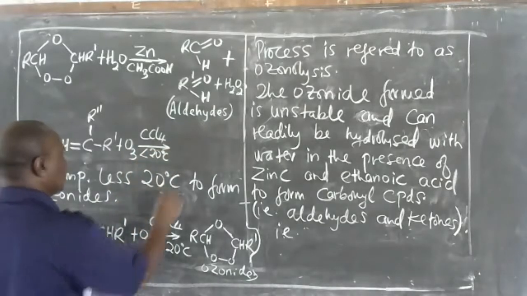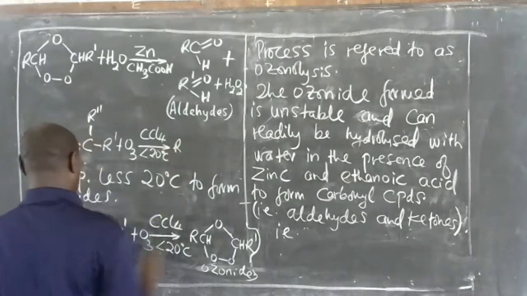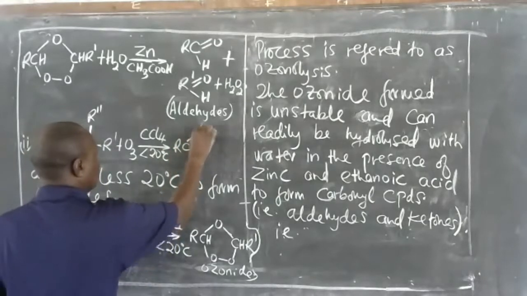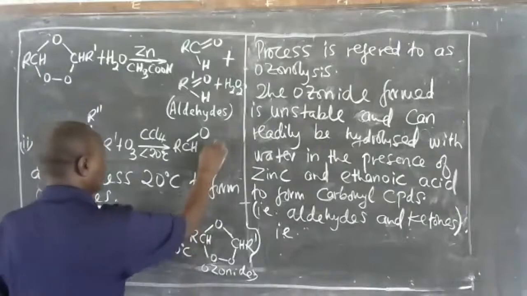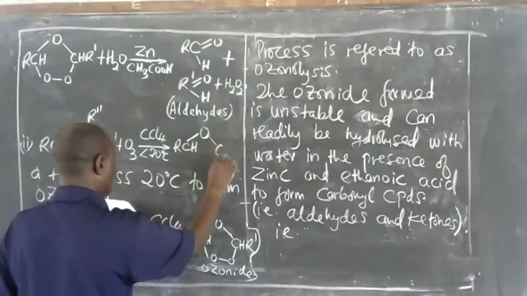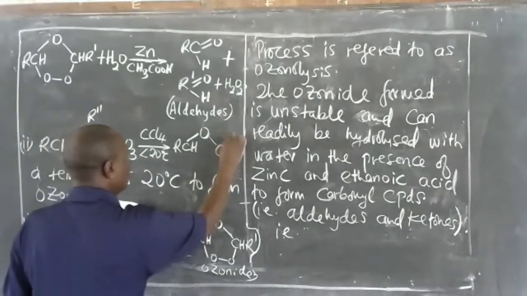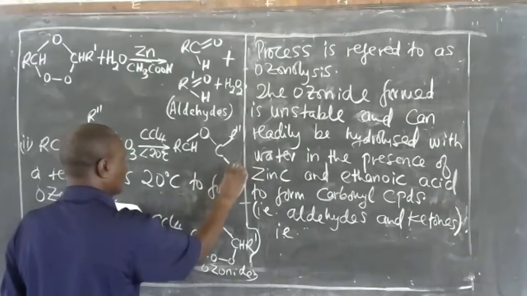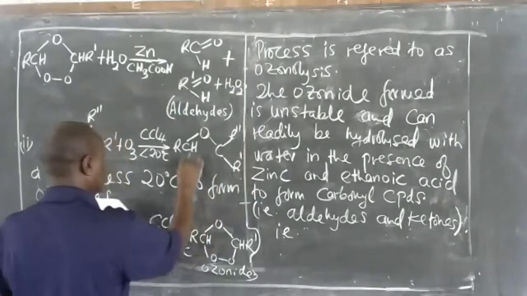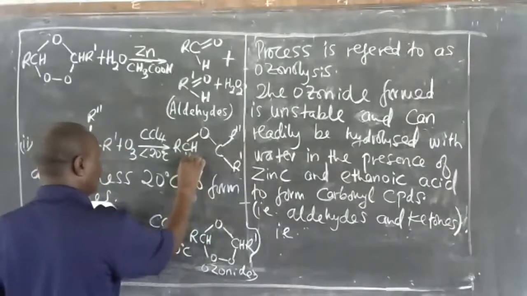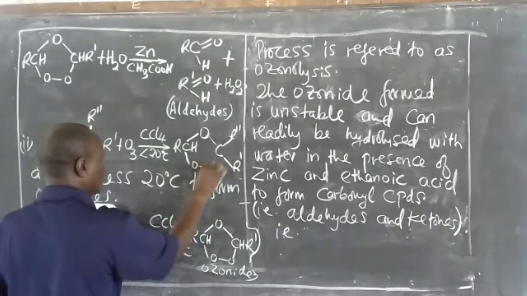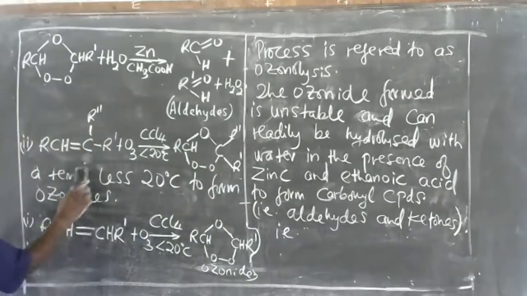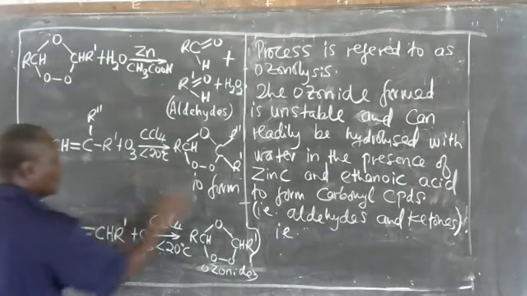We are going to end up having R CH O C R prime R, and then we have O, that way. So we have obtained the ozonide.